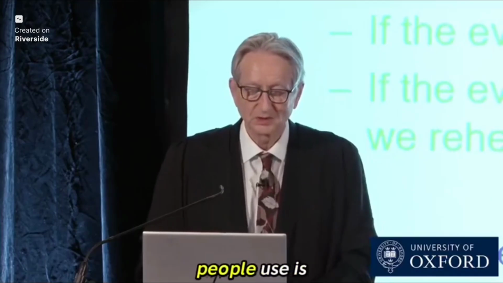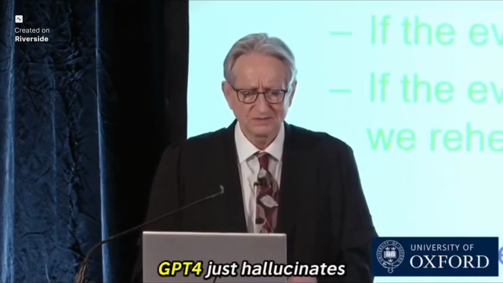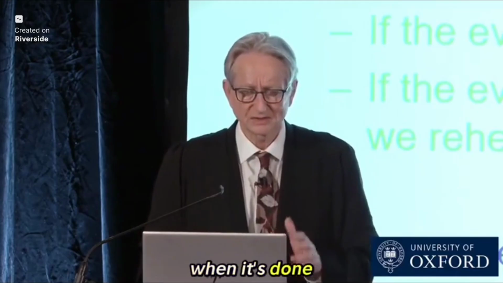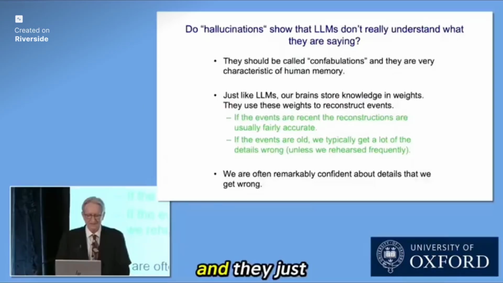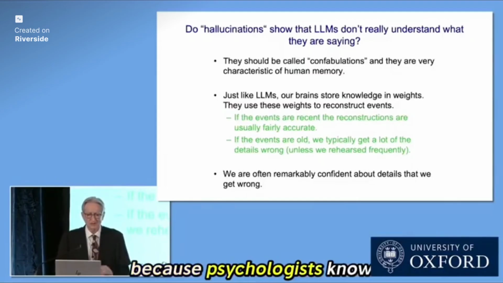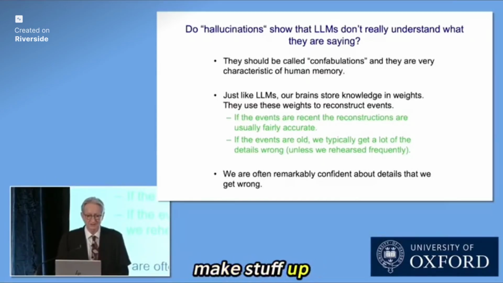Now, another argument people use is that, well, GPT-4 just hallucinates stuff. It should actually be called confabulation when it's done by a language model. And they just make stuff up. Now, psychologists don't say this so much because psychologists know that people just make stuff up. Anybody who studied memory, going back to Bartlett in the 1930s, knows that people are actually just like these large language models.